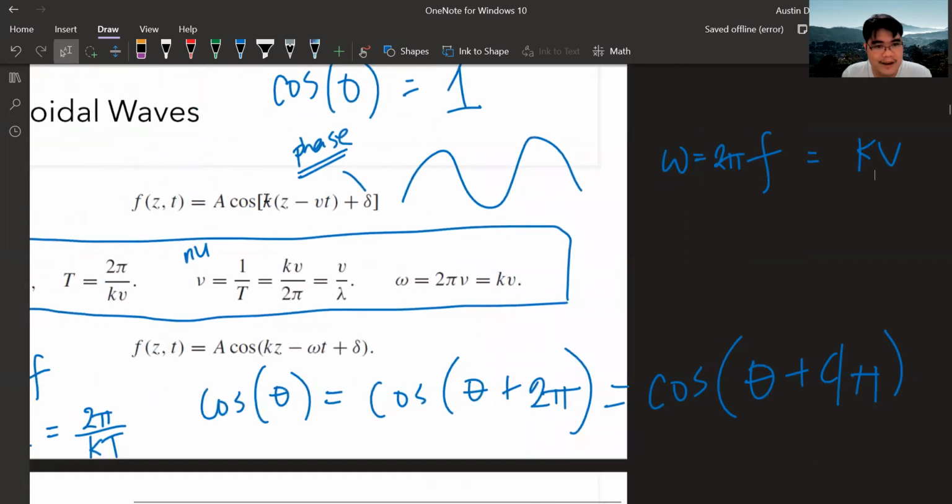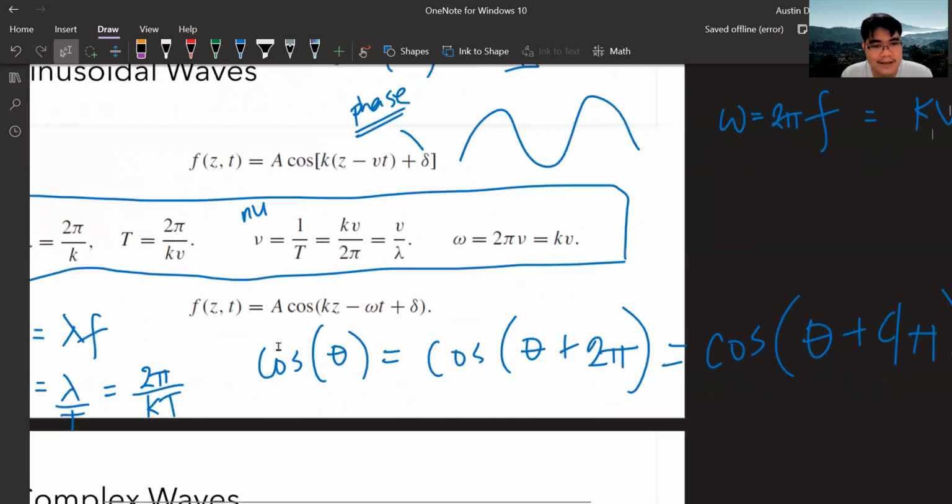When we simplify this, multiply natin yung k papasok sa loob. We have kz, then minus kvt. So, makukuha natin itong usual representation of waves natin as kz minus omega t plus your phase constant.